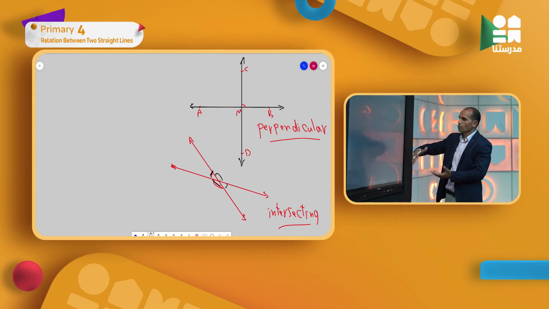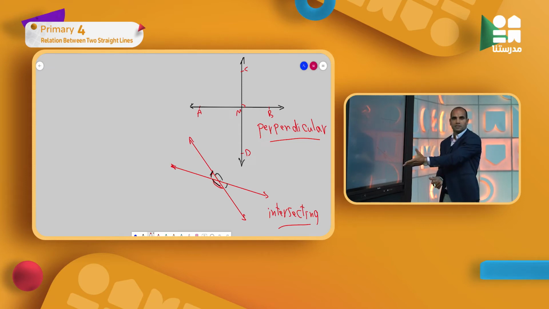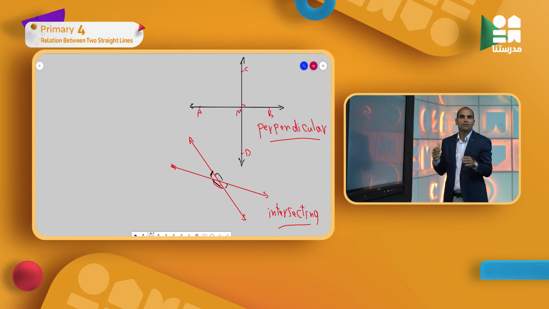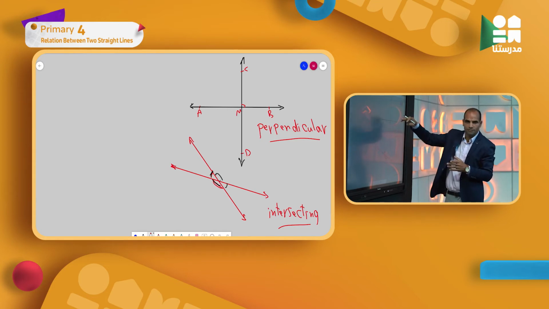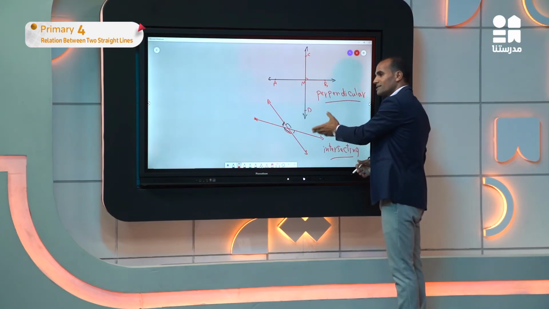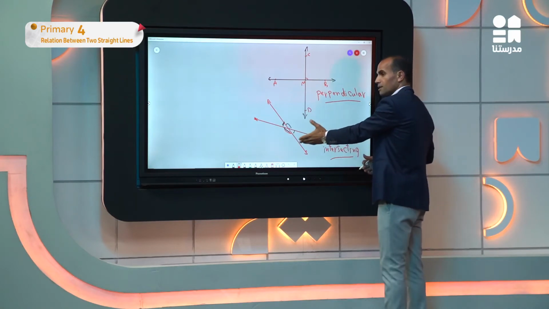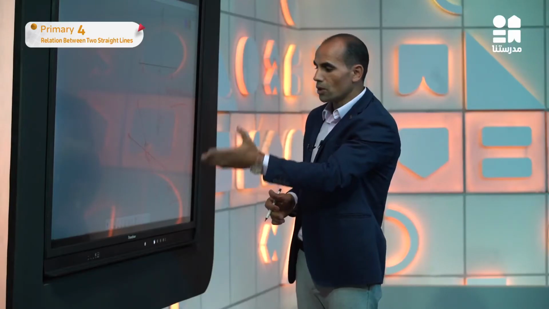The perpendicular straight lines are intersecting as well. Intersect means to cross each other. So the two perpendicular lines are intersecting lines at the same time. But the two intersecting lines are not necessarily perpendicular. So here I have intersecting lines, not perpendicular.